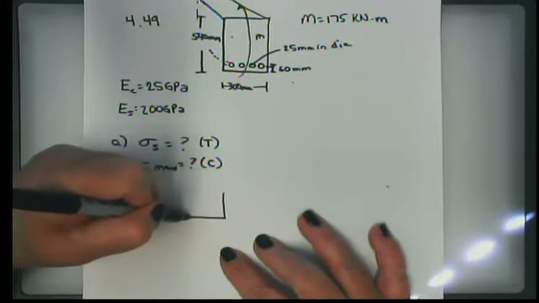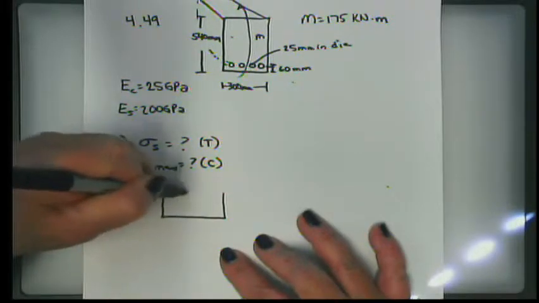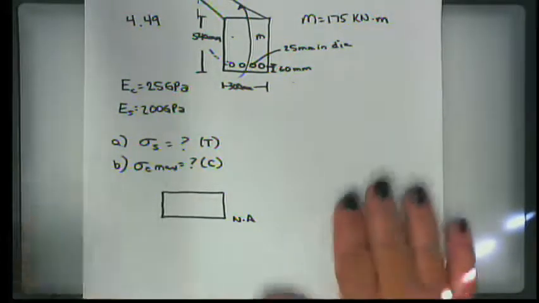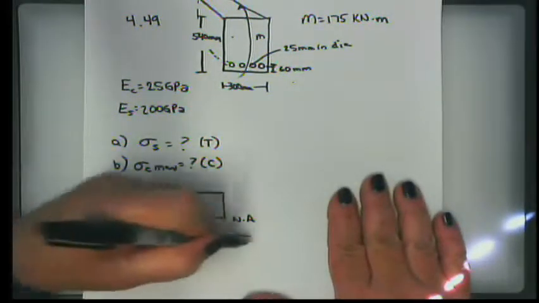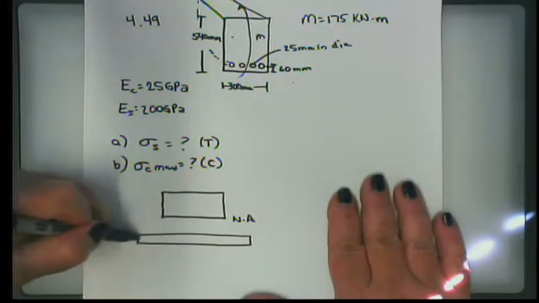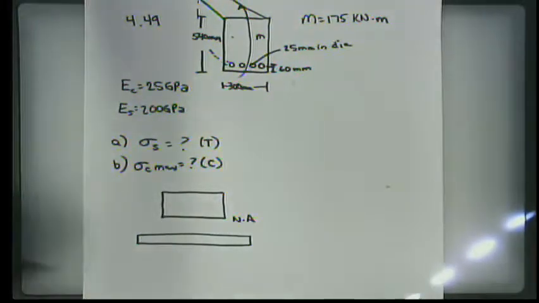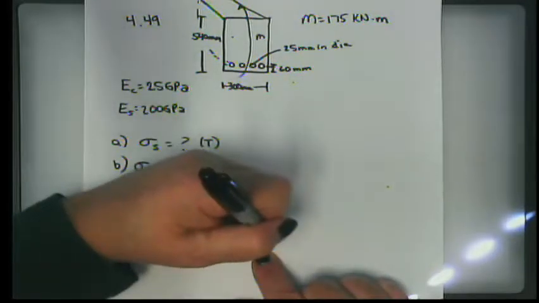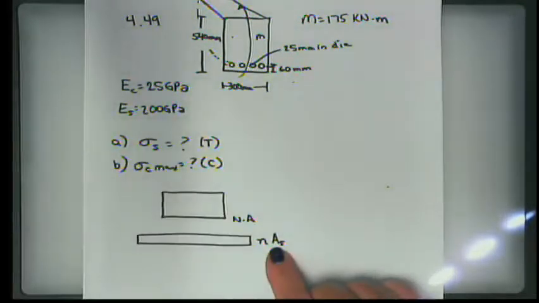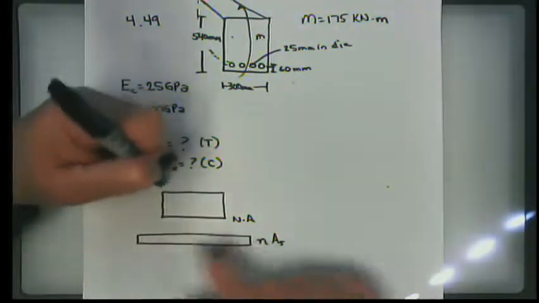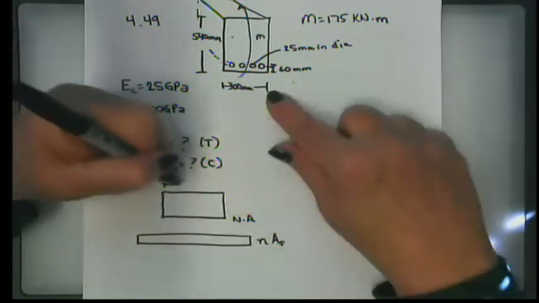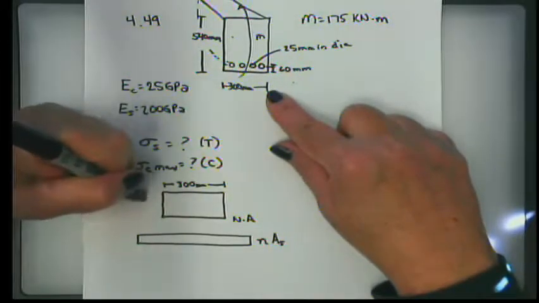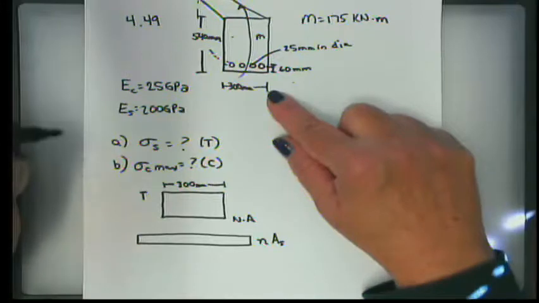So what we know about our section now is that the concrete below the neutral axis will not bear any stress, so that we're going to have a transformed section of rebar, and the area of that is going to be n, the ratio of those 2 variables, times the actual area of the rebar. So this distance from here to here, we're told, is 300 millimeters, and we call this distance x.